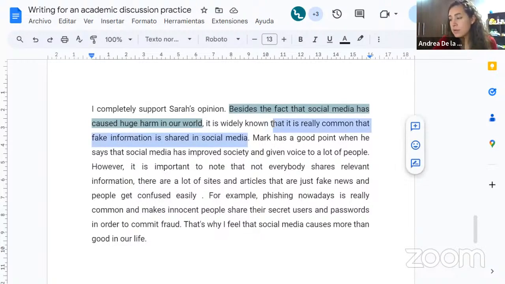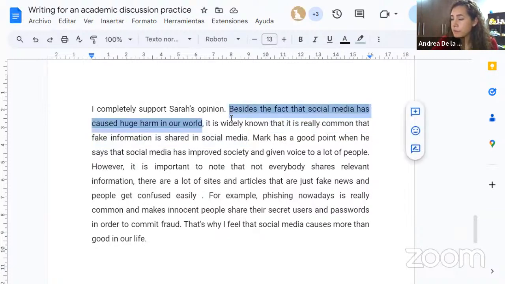Perfect. I love this reason, Pamela, because it's different than what was mentioned before. It's not related, it's new, and it is very well expressed and well summarized. The only thing would be this first part, but this is great. So it is widely known that it's really common.